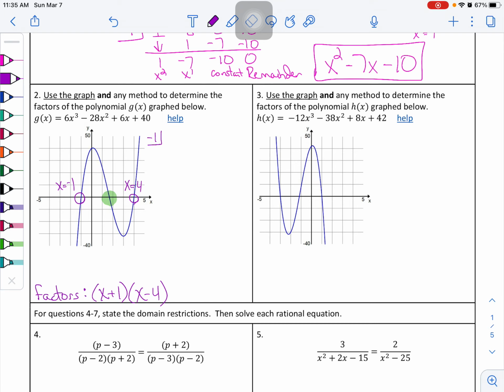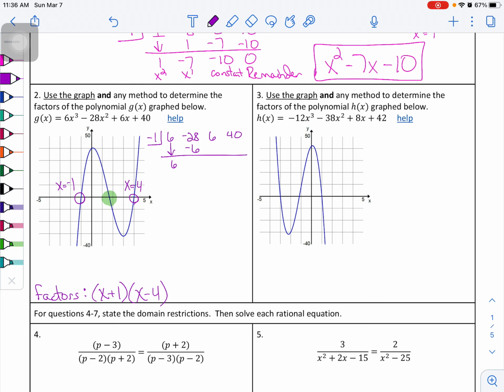I've got to find it. So I'm going to use the two zeros that I know and some synthetic division. So the first 0 I figured out was -1, and I'm going to pull the coefficients from this polynomial. So 6, -28, 6, and 40.